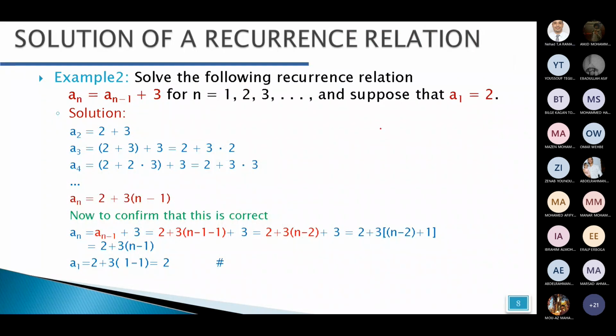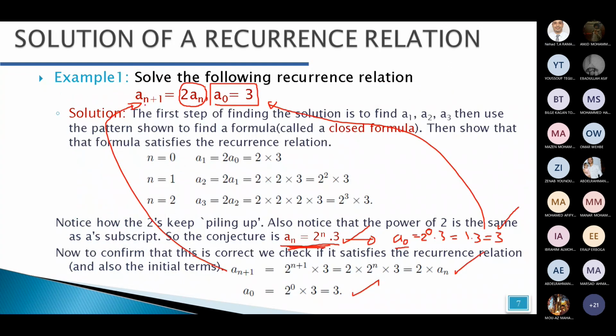Okay, in this example, same issue, solve the following recurrence relation. Each term is equal to the previous term plus 3. Before, each term equaled 2 multiplied by the previous term.